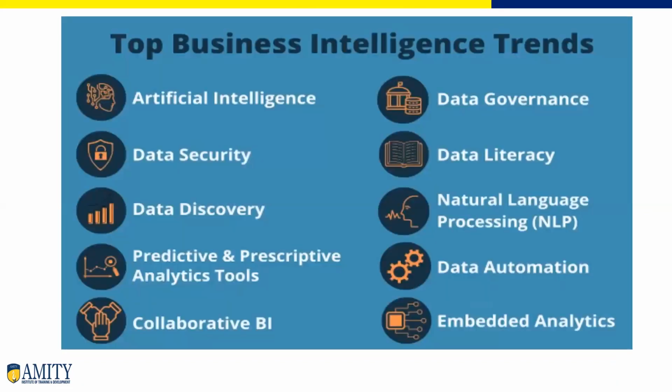So these are a few top business intelligence trends. Artificial intelligence, security. I talked about a lot of security yesterday. I said whenever there's data on board, you cannot emphasize enough on the security. A lot of discovery. You're going to discover new sets of data. I'm going to talk a little bit about predictive and prescriptive analytics.